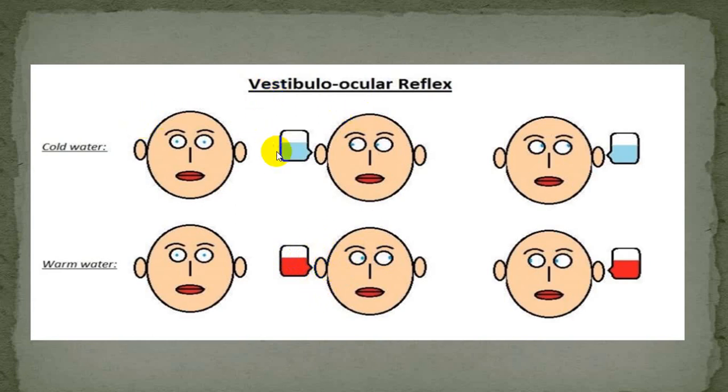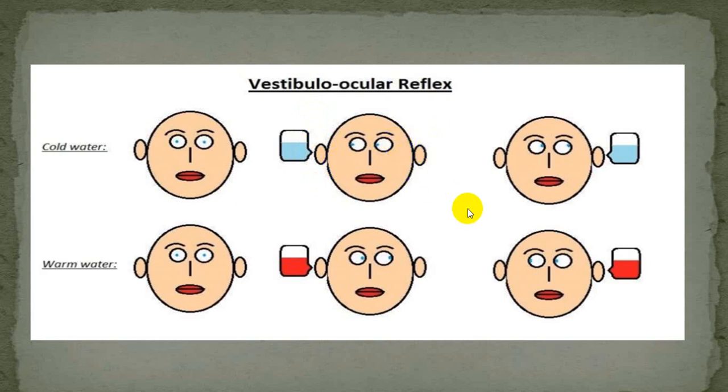Same with cold water. In a normal person, the eye will move towards the side of the stimulus with cold water. But if there is damage and it moves to the opposite side, you will say the caloric test is negative.